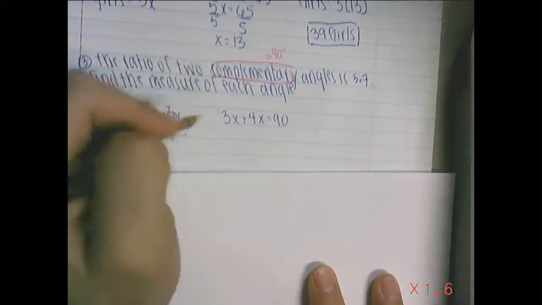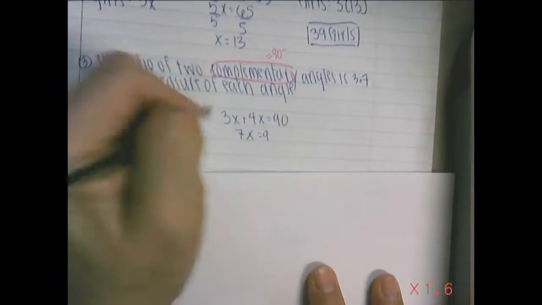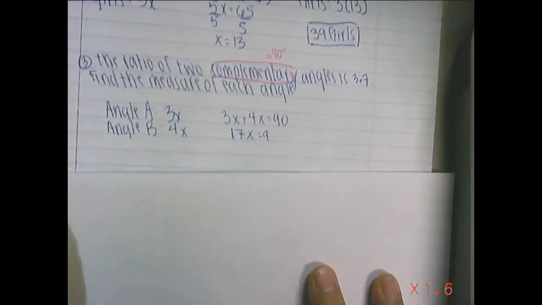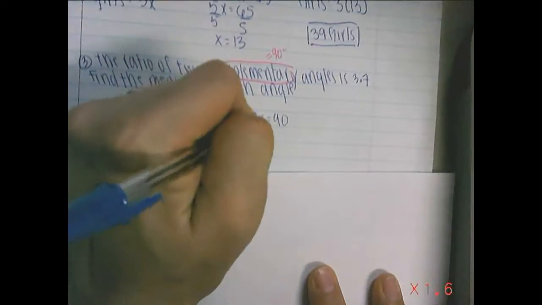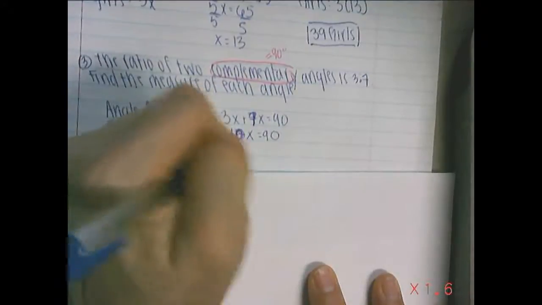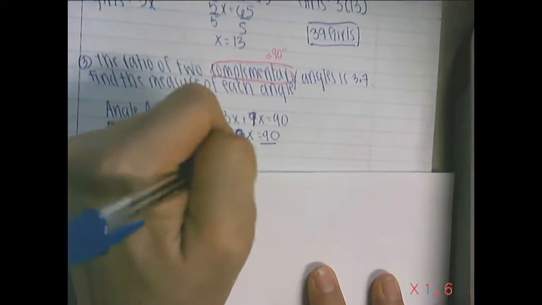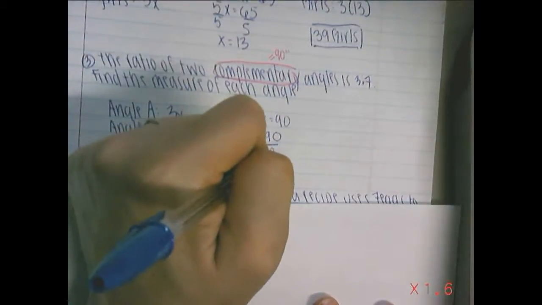And then I will combine like terms and get 7x equals 9. Whoops. 10x. Wait, where did I get? Oh, it's 7. Oh my goodness. Sorry, guys. I can't read and talk at the same time. 10x equals 90. Divide by 10. Divide by 10. X equals 9. Okay.